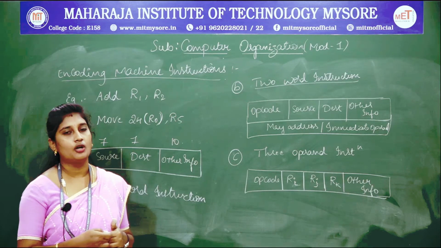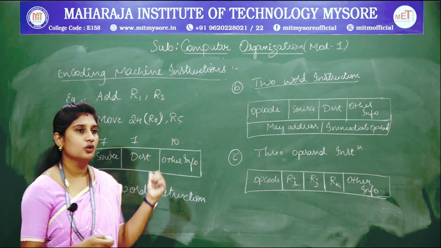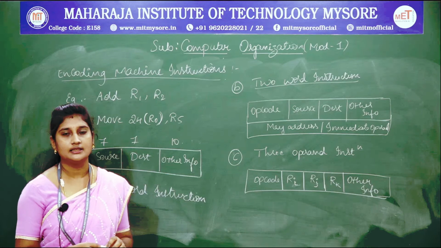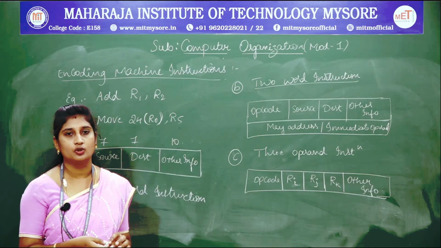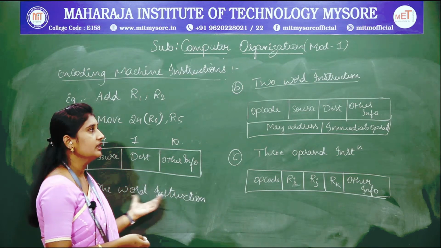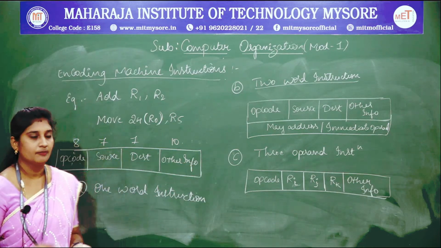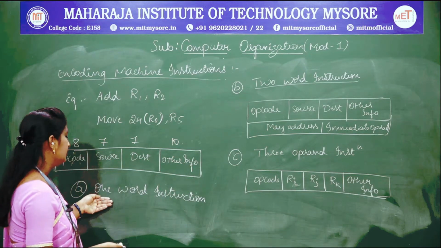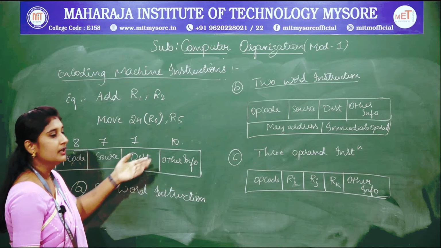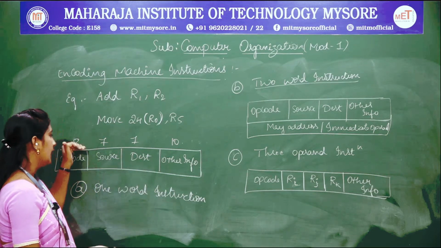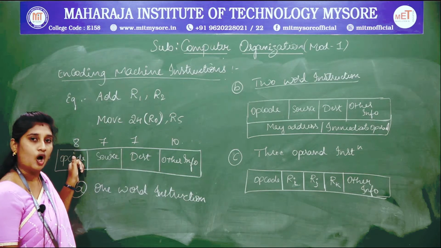There are general formats specified, so that you can fit all these source program instructions into your machine language program using these general formats. There are three types of format. If it is a one word instruction, what will the general format be? 8 bits will be reserved for your opcode.